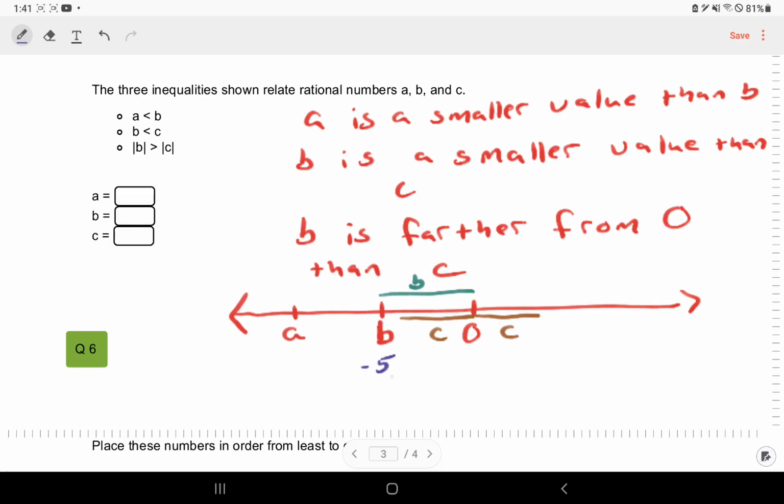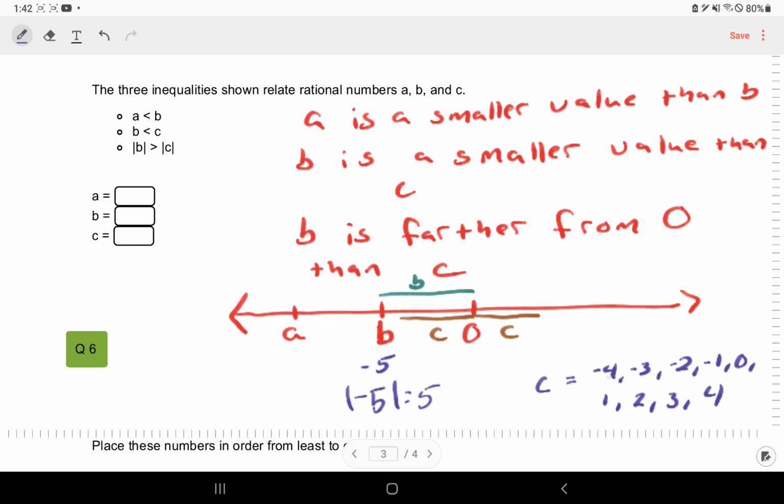That means the absolute value of -5 is 5. So that means C can be -4, -3, -2, -1, 0, 1, 2, 3, or 4.